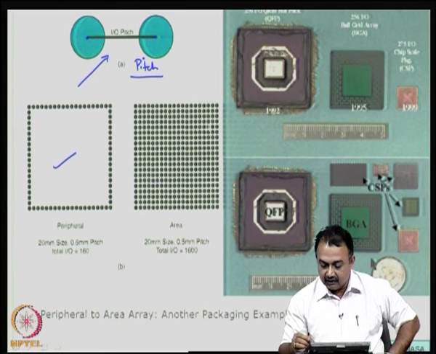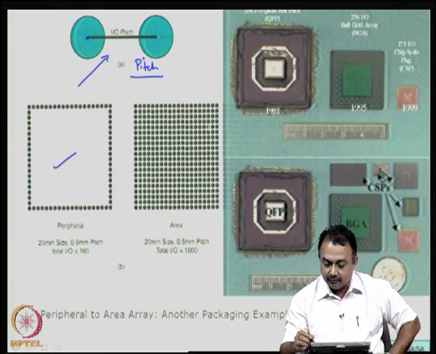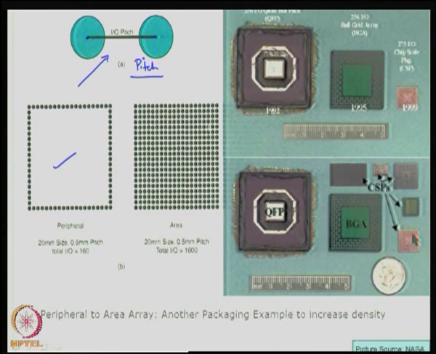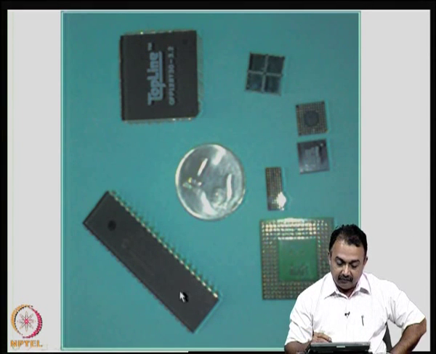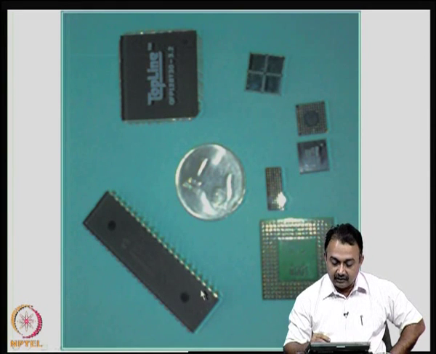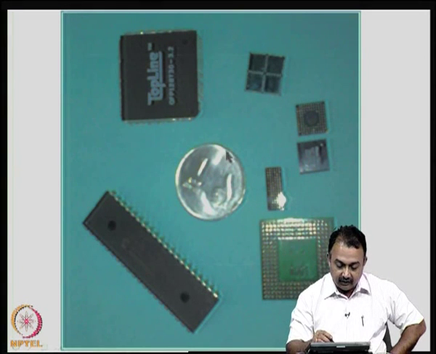So, this is again another illustration about various small format CSPs that are being available in the market today. These components I have in my previous class tried to show you, but I have tried to put together here in one single picture where you can compare it with our 1 rupee coin.